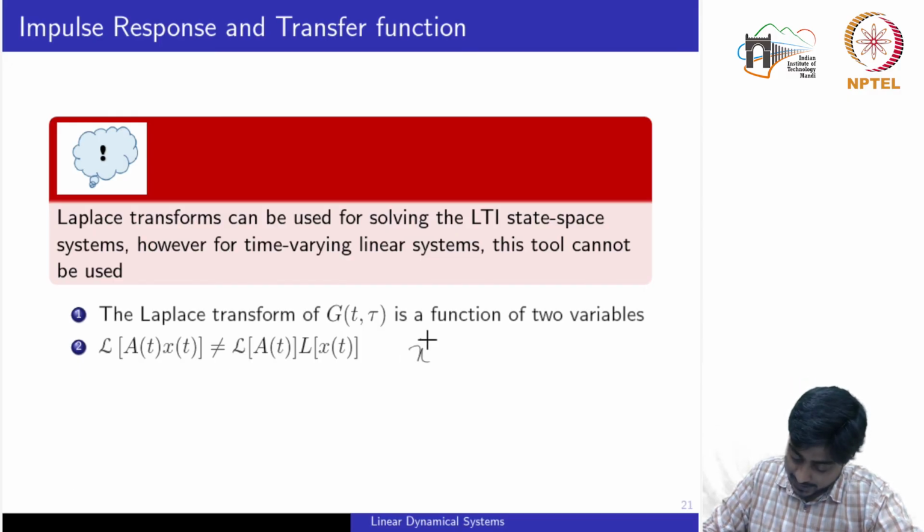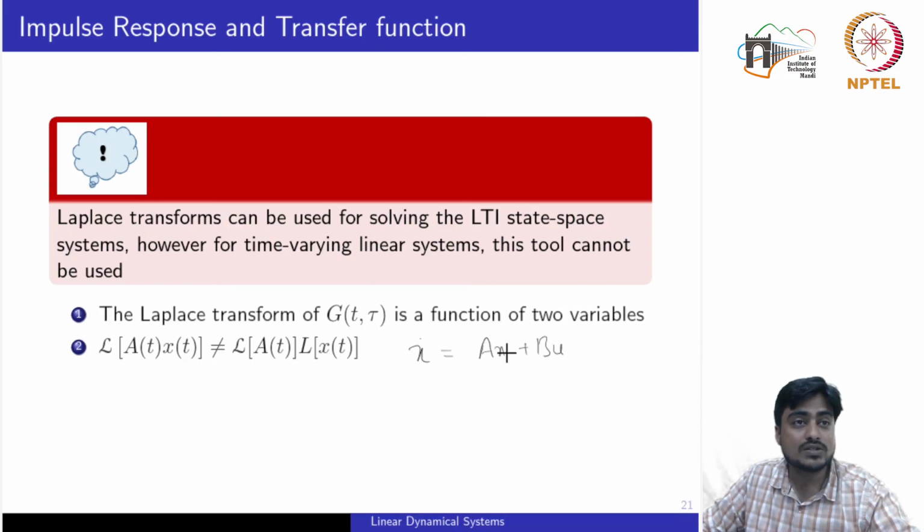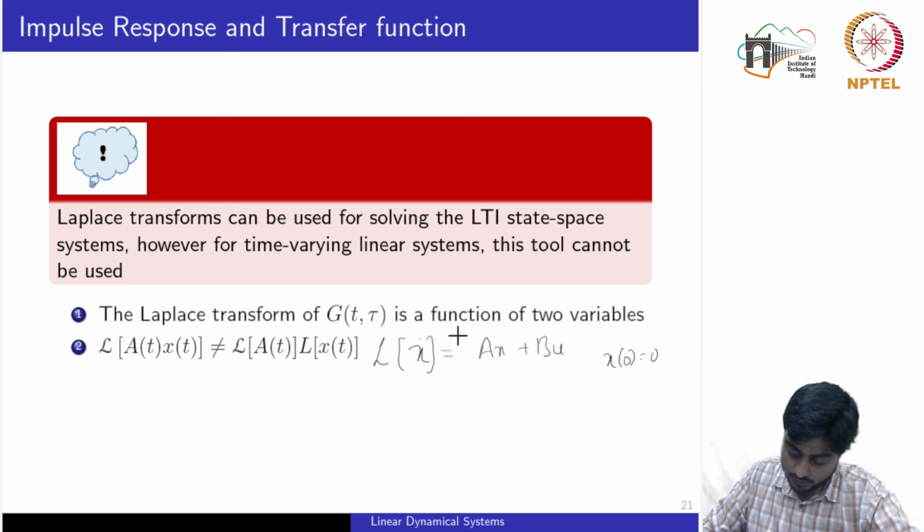Pay attention to the LTI case, when we have x dot equal to Ax plus Bu, where A and B are constant matrices. Suppose we have the zero initial condition, that is to say x0 is equal to 0. Now if I take the Laplace transform of both sides, then I could write x hat of s, and this part let's denote for the moment as A into x plus Laplace of B into u.